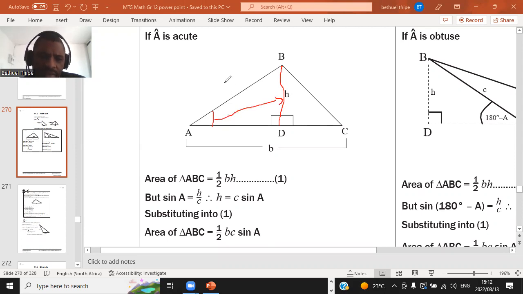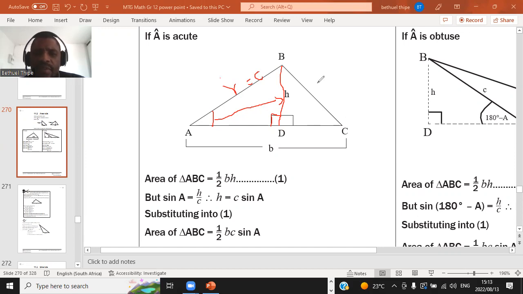This side becomes c, because when I draw my perpendicular height here, I have an angle of 90 degrees there. That's why we said the sine of A is equal to the opposite, which is H, over c. So if this is capital C, this is small c.